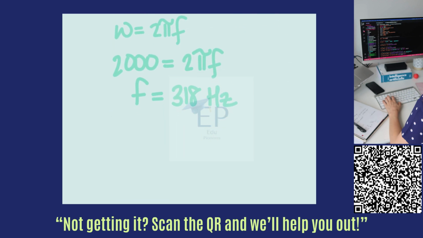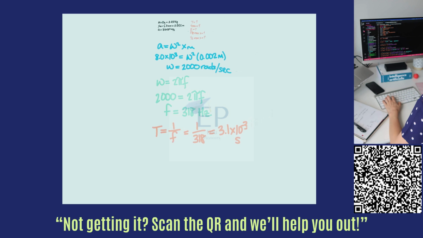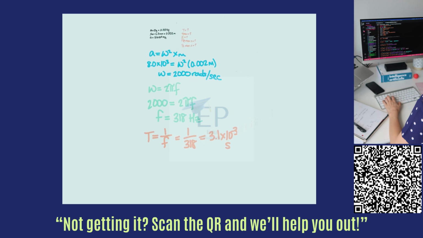So we need to do one more step where T, our period, equals 1 divided by our frequency. So 1 divided by 318, and we get that our period is 3.1 times 10 to the negative third seconds. That is our total period for this problem.